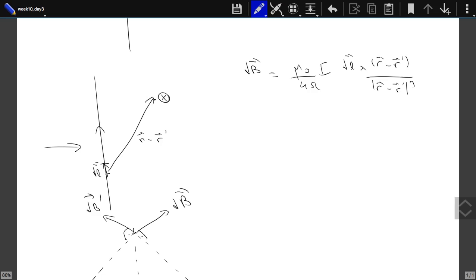Well, this will be the complicated way of calculating it. We will see an easier method. Other questions?